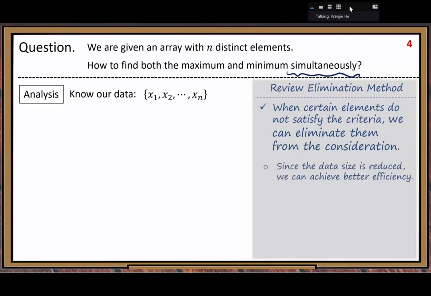Then, after we eliminate them, why can we do better? Because we use this principle. Later we will call this principle. Since the data size is reduced, when you remove those irrelevant elements, you reduce the data size, right? The number of elements in the array, we call the data size. So you reduce the data size. Then we can achieve better efficiency.